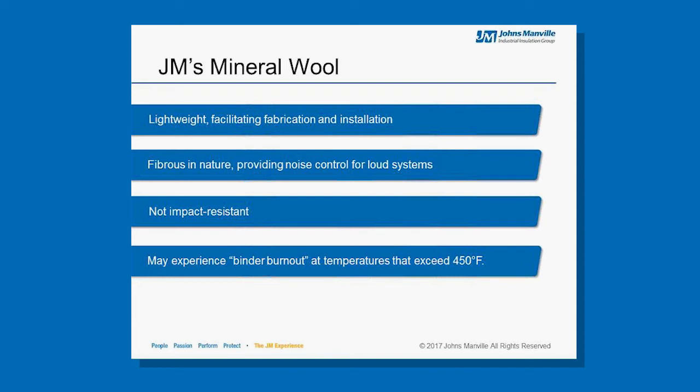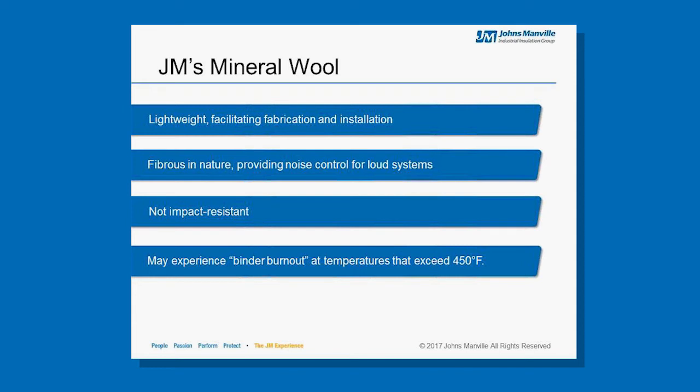However, there are drawbacks with mineral wool as well. It's fibrous in nature, which, while good for noise control, is also bound together by binder. That binder may oxidize at 450 degrees Fahrenheit. Also, it's not very impact resistant.